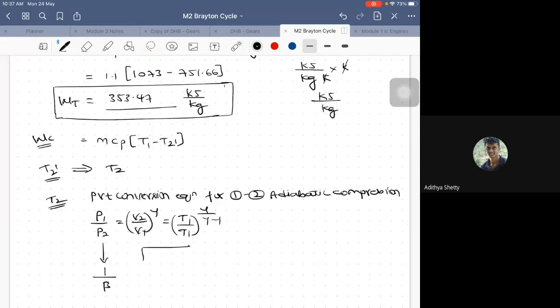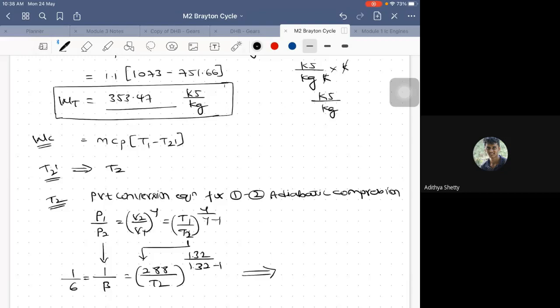Next, temperature, that is equal to T1 as 288 Kelvin. T2 you are supposed to find out. Gamma value is 1.32 divided by 1.32 minus 1. Beta value is 1 divided by 6.